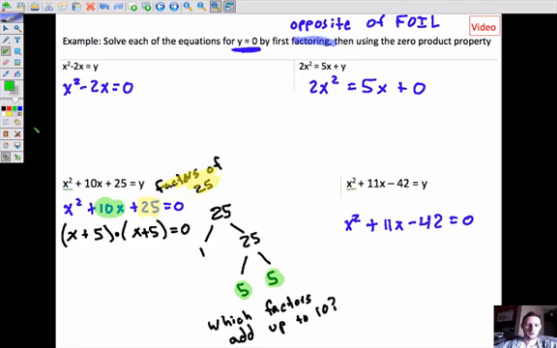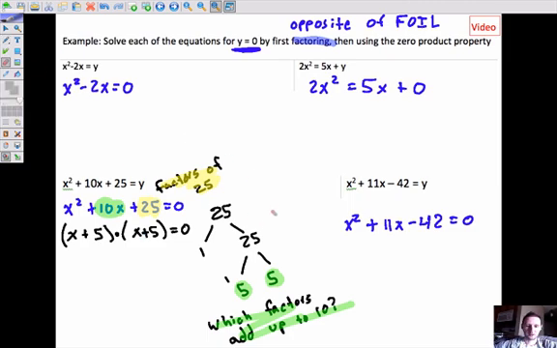And part 2, I looked for which factors add up to the coefficient of x. And I figured out that my factors were positive 5 and positive 5. And so that gave me this x plus 5 times x plus 5.